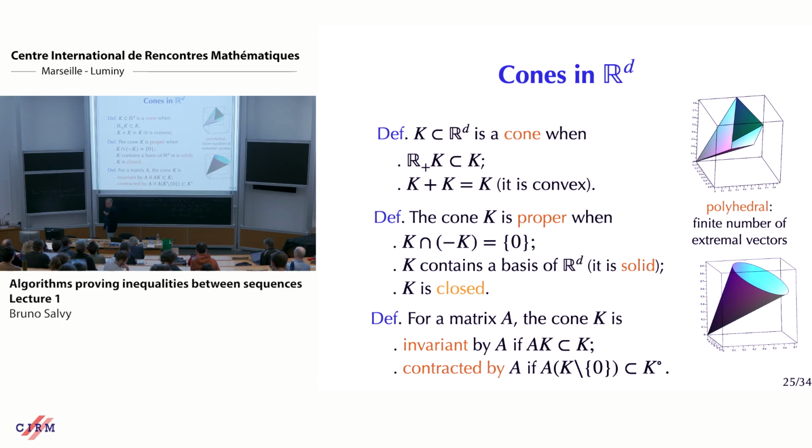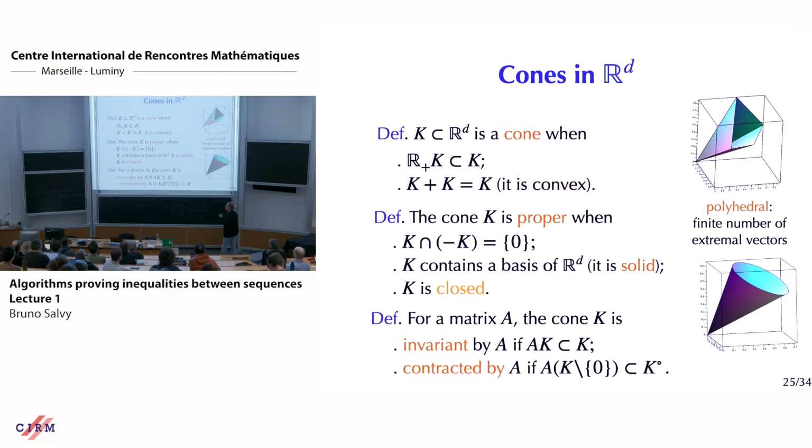I need a few definitions. What is a cone? A cone is a subset of R^D that has this property that when you multiply by non-negative real numbers, you're still inside the cone. When you add 2 elements of the cone, you're inside the cone. The cone is convex. And we'll use this terminology that's frequent in this area.